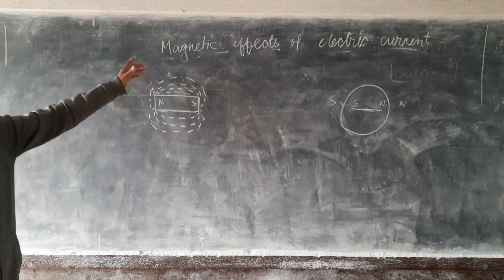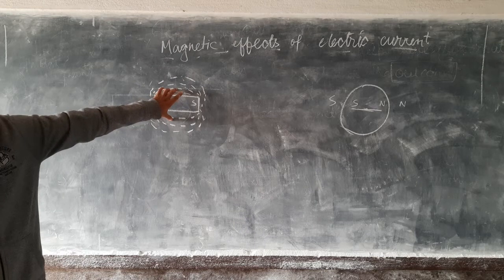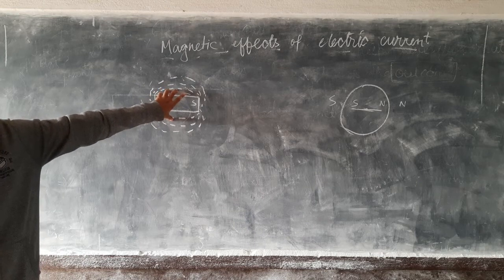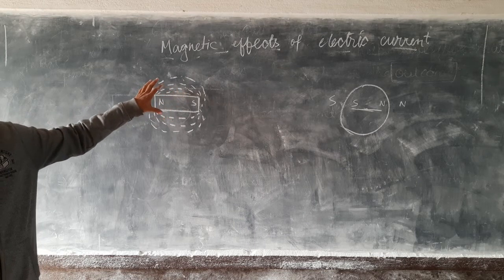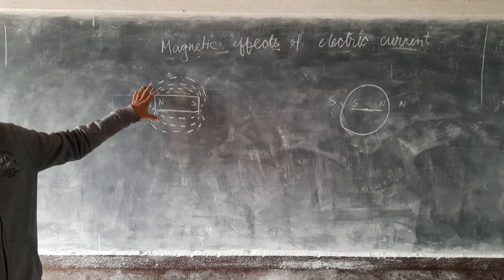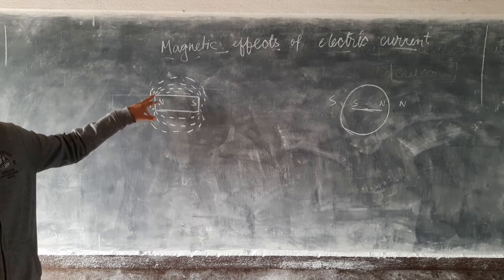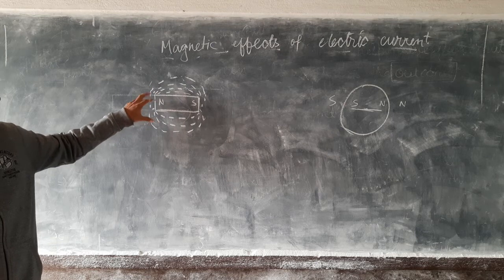So if you put iron filings near the magnetic bar, you will see that the iron filings are getting oriented in a typical specific manner, and they will form a shape like this.